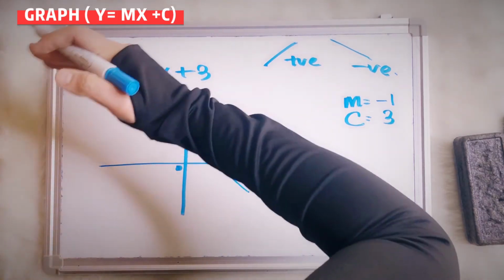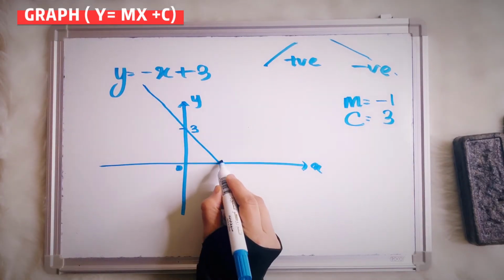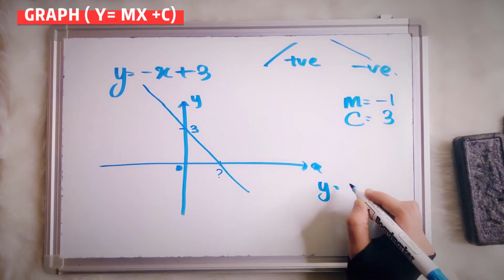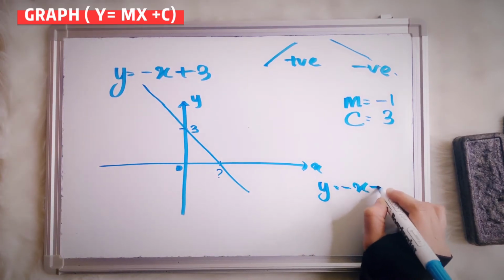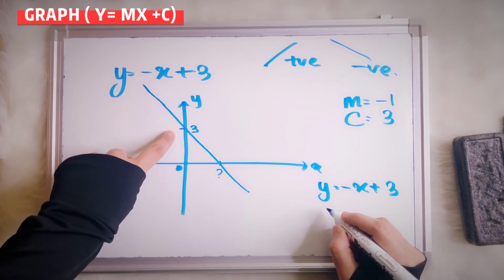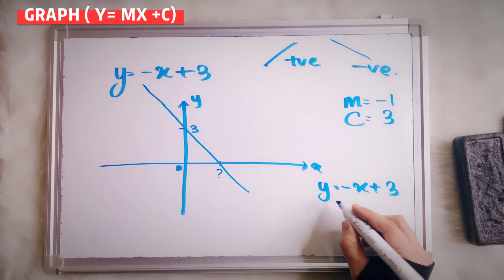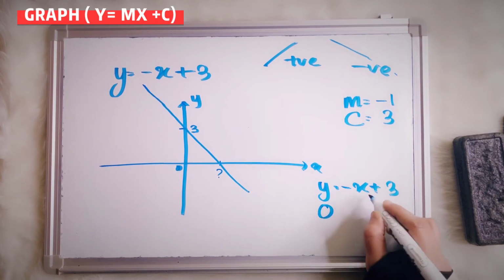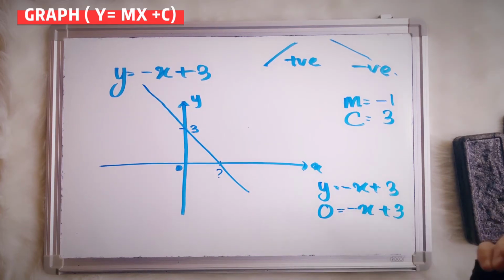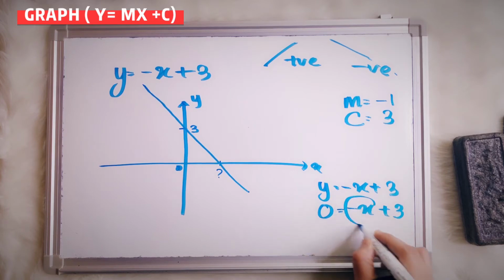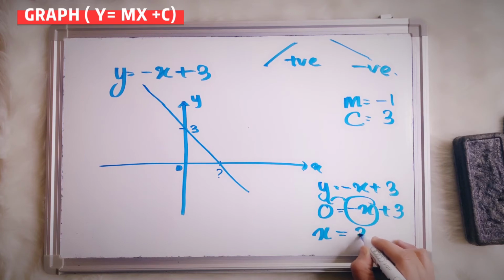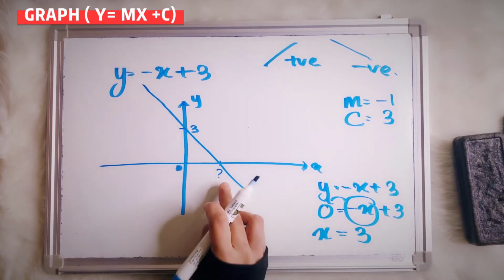What is the value here? Take your equation, negative x plus 3. Your y here is 3. You put y equal to 0 because you want to find your value for x. So negative x plus 3, the opposite of negative will be positive. So here will be 3.